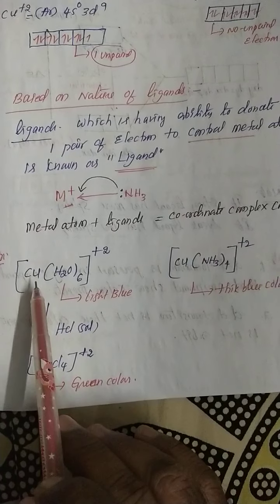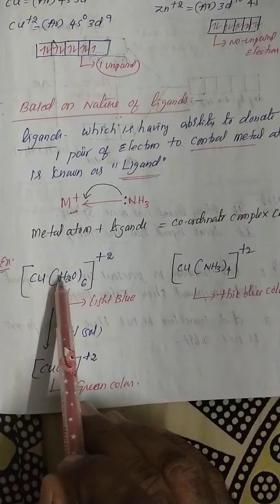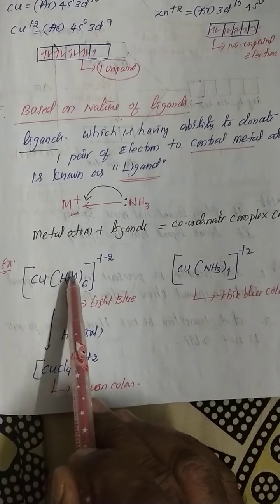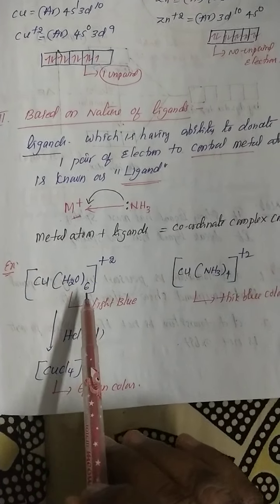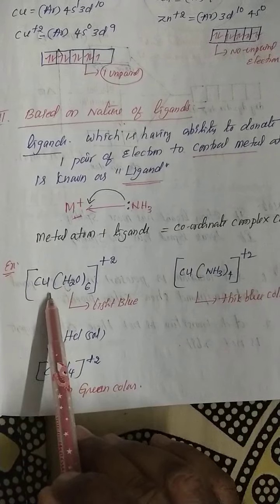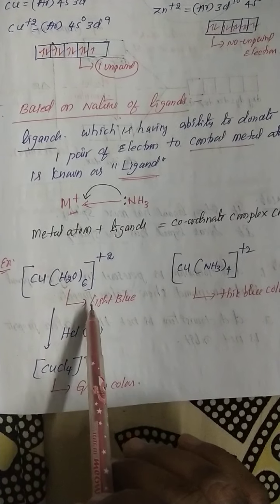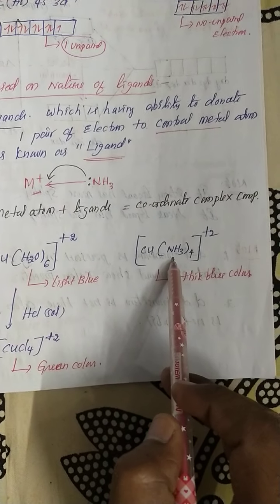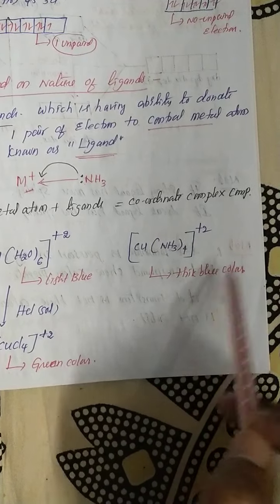Here copper is the central atom and water is the ligand, donating electrons. So copper connected with water gives a light blue color. Now the same compound but with a different ligand means a thick blue color is formed.